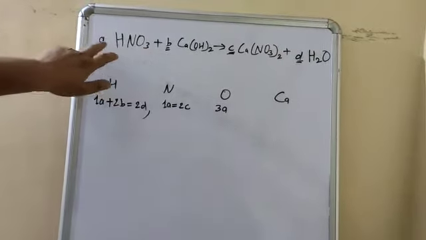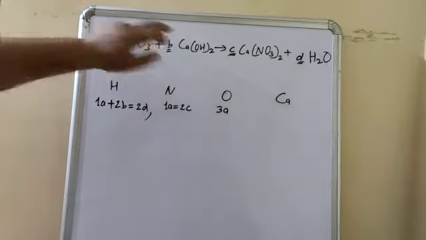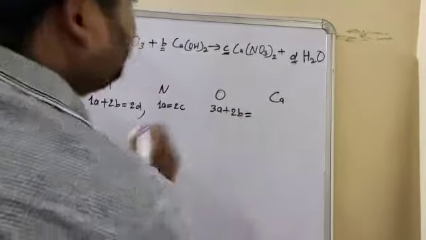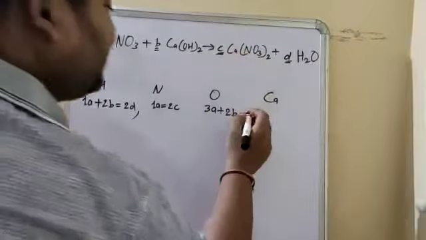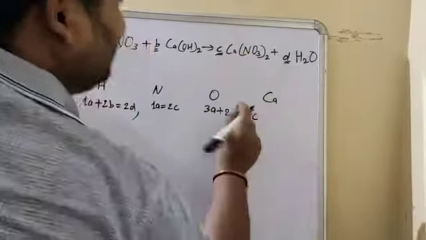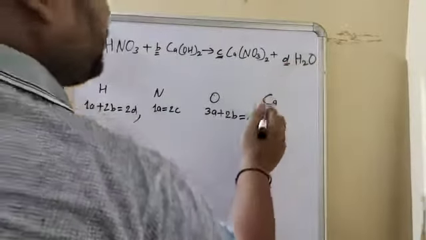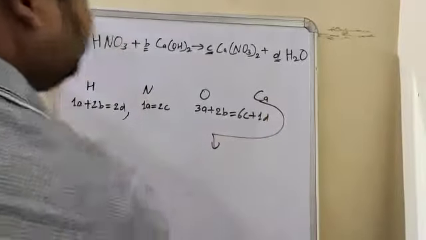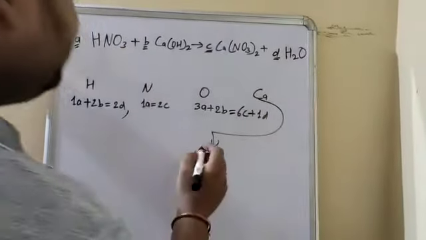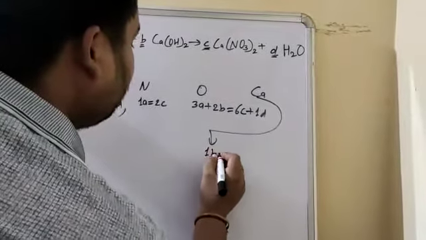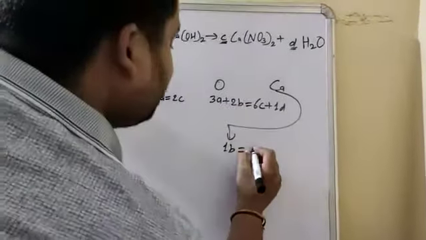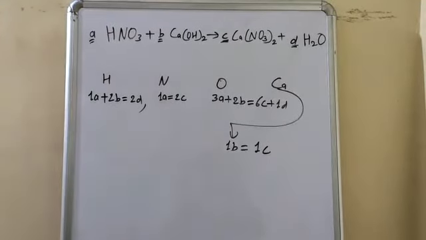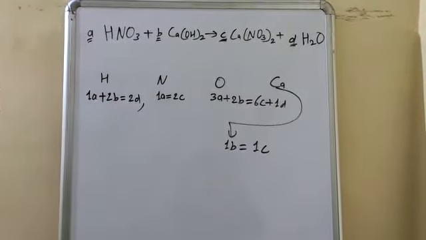This side 3 oxygen, so 3A plus 2 oxygen, so 2B equal to 3 2s are 6 oxygen, so write here 6C plus 1 oxygen, so 1D. After that calcium, 1 calcium, so 1B, 1 calcium, so 1C. After that, just assume any one of A, B, C, D equal to 1.